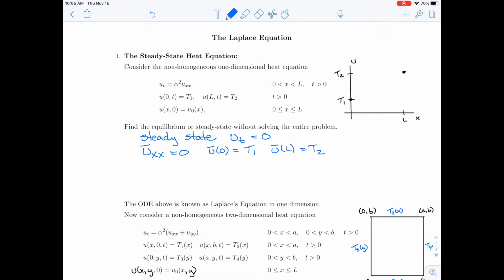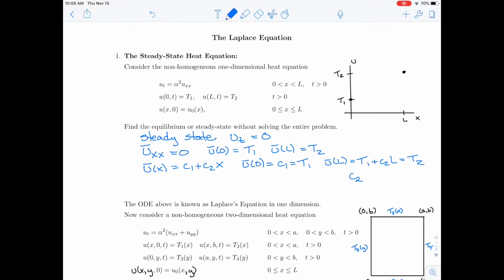We solved for u bar by recognizing that if two space derivatives of u bar is 0, then u bar of x must be a line. On the left edge, u of 0 is equal to C1, which is just T1. And on the right edge, u of L is equal to T1 plus C2 L, which is equal to T2.